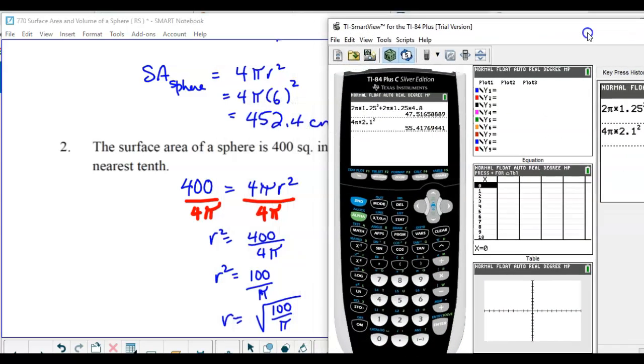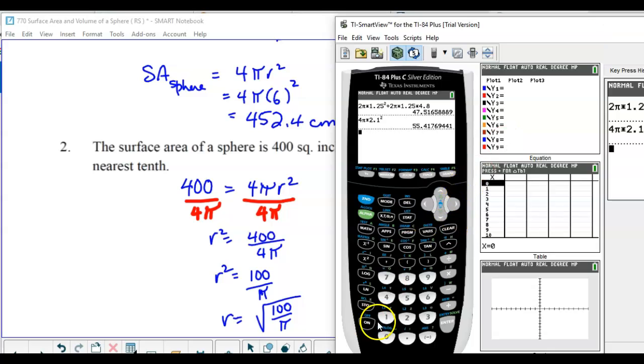So get your calculator out. Go back to the 400 over 4 pi, making sure that you remember the brackets in your denominator, and then square root.